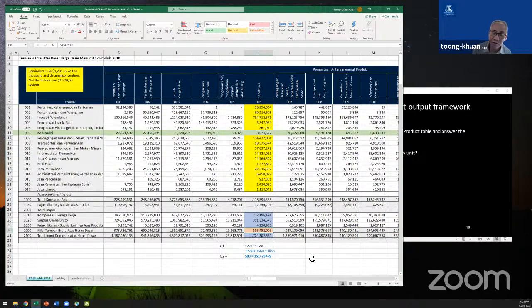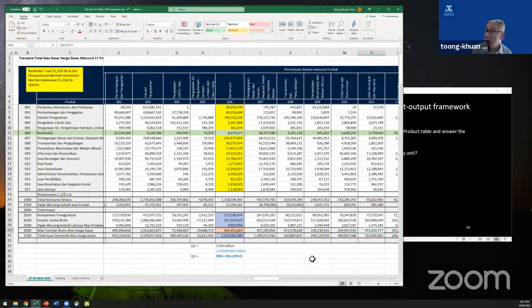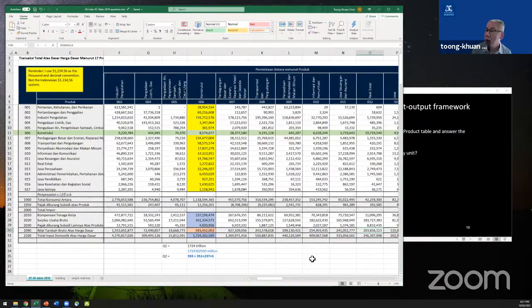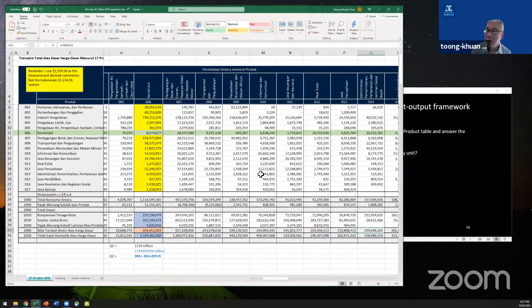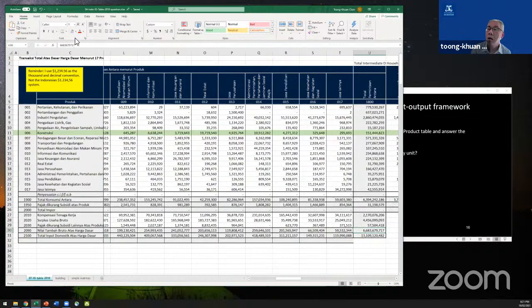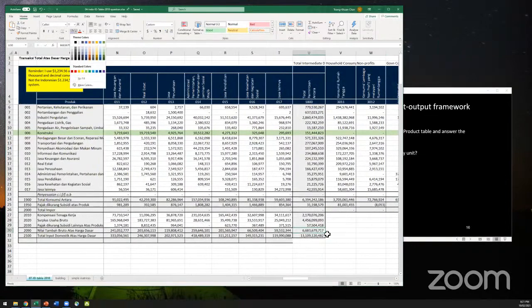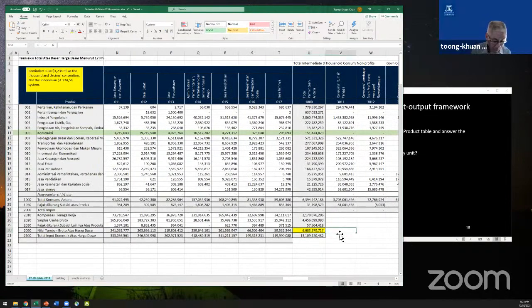So if you sum all the value add for all the sectors in Indonesia, it will be over here. Okay, so this is the answer to question 3.